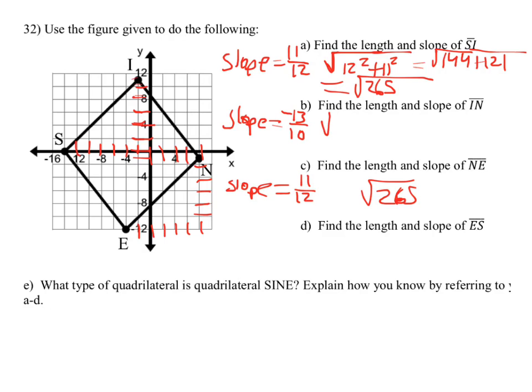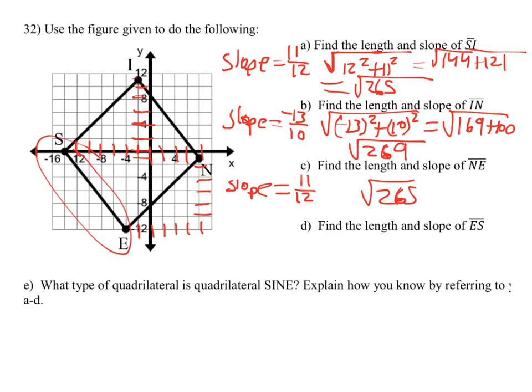And so when you get the length, you need to do negative 13 and square that, and 10 and square that. 13 squared is 169, and 10 squared is 100. So we're looking at the square root of 269.